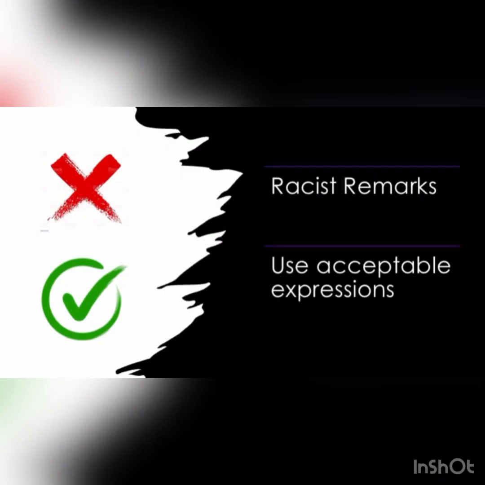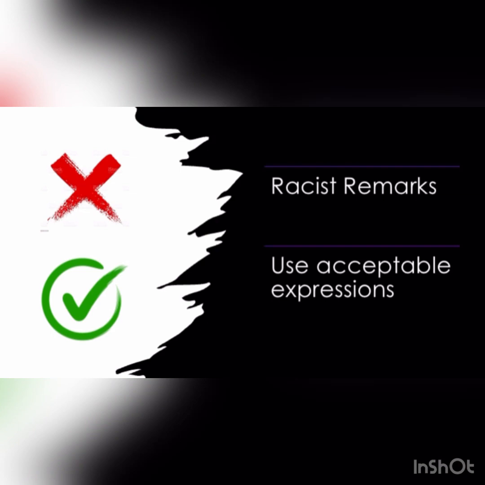Next one is racist remarks. Like when you are pointing someone and you are saying offensive terms such as colored or Eskimo or Yankee, Madrasi, Gypsy, all these are racist remarks. You have to avoid all these racist remarks, and you have to use acceptable expressions like African, Pakistani, Asian American, or misrepresented.